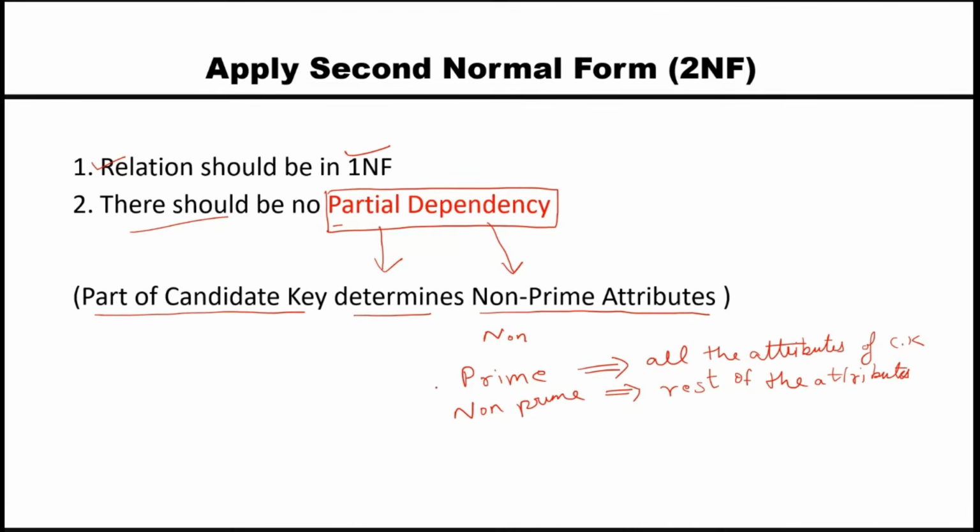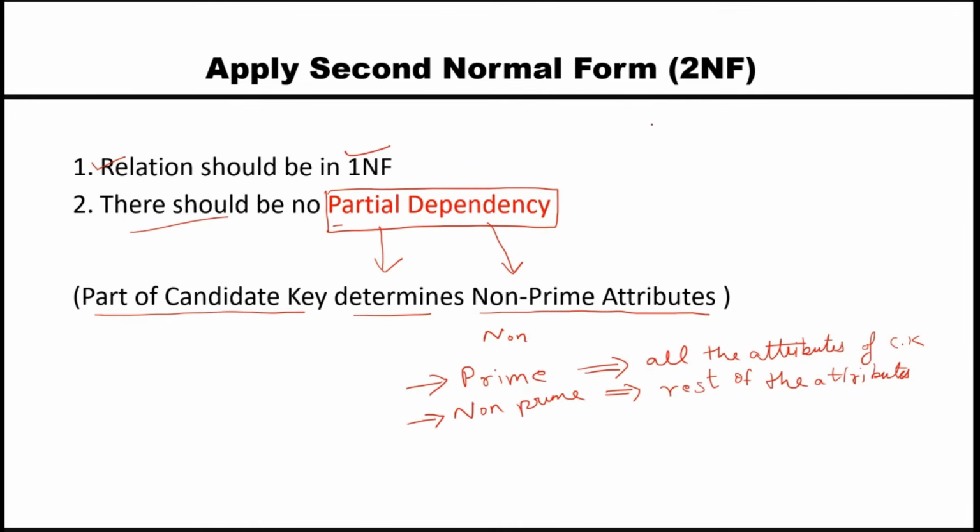So we have understood prime attributes and non-prime attributes. Now the partial dependency definition says that part of a candidate key is determining a non-prime attribute.